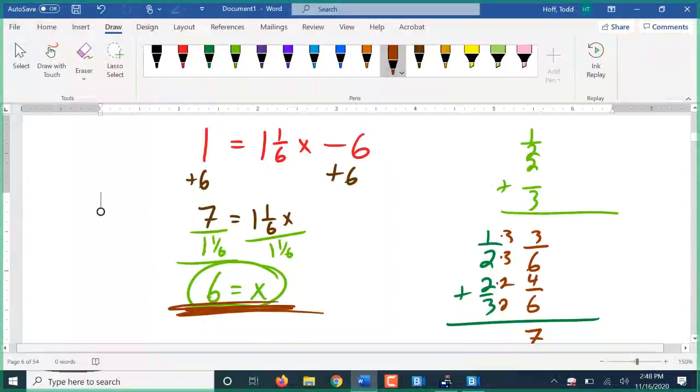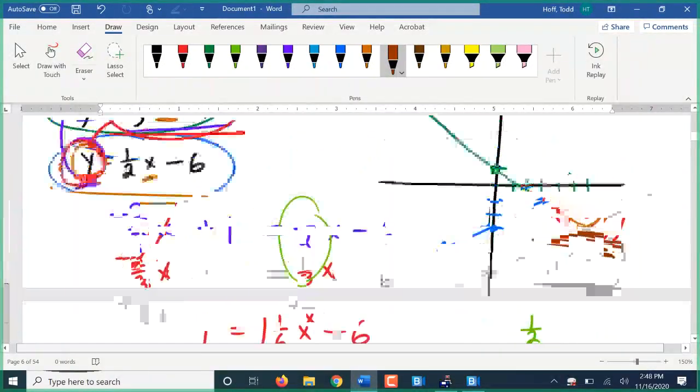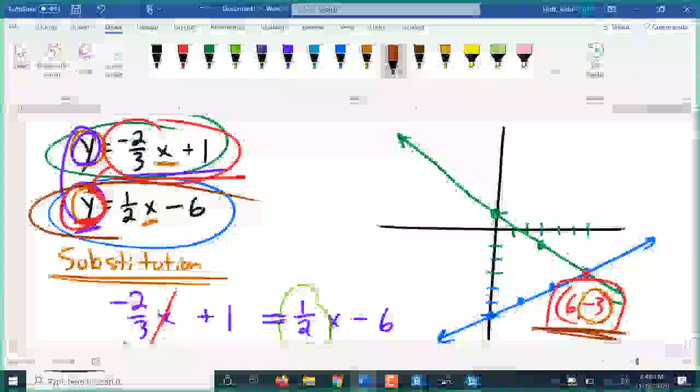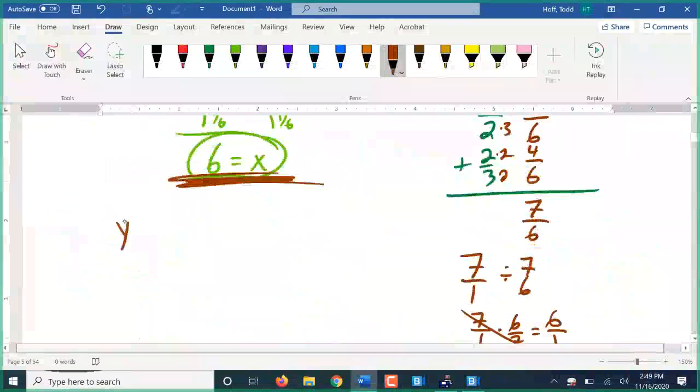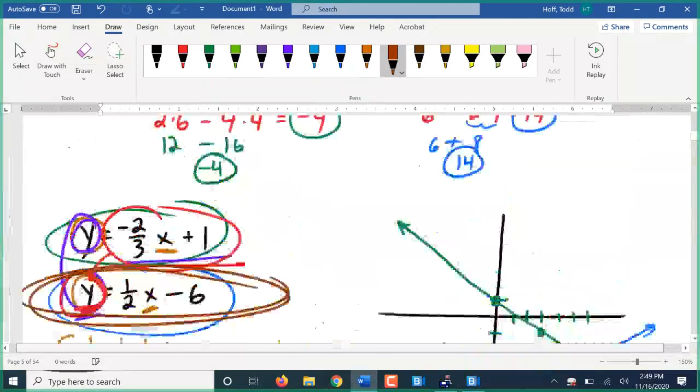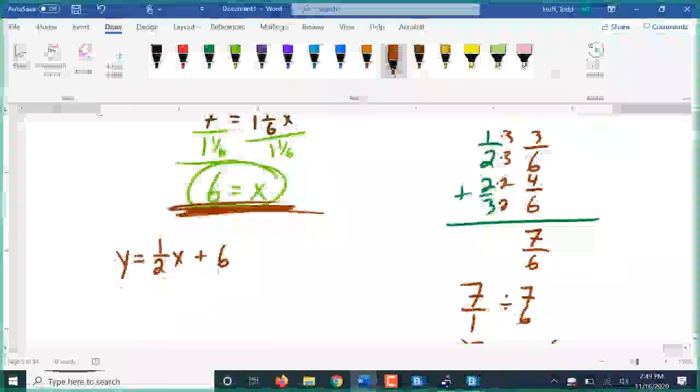I can use either one of my original equations. I'm going to use this one here, the bottom one, because everything's positive there. Y equals 1/2 x minus 6, sorry. That would make a big difference.